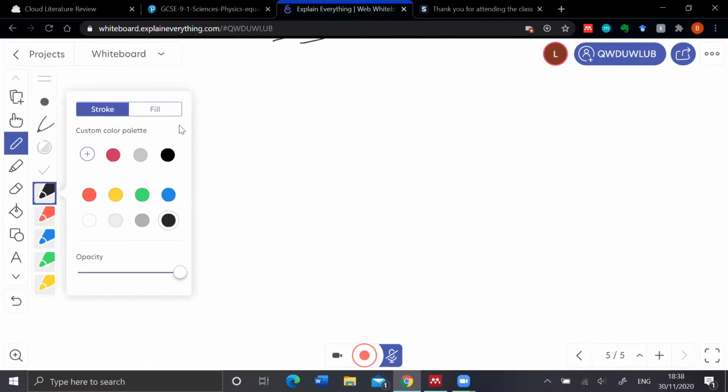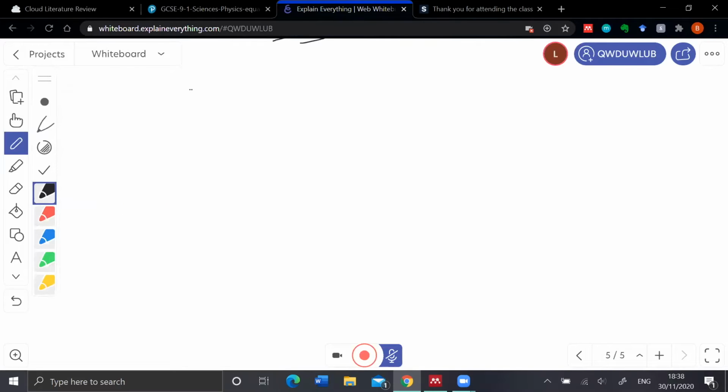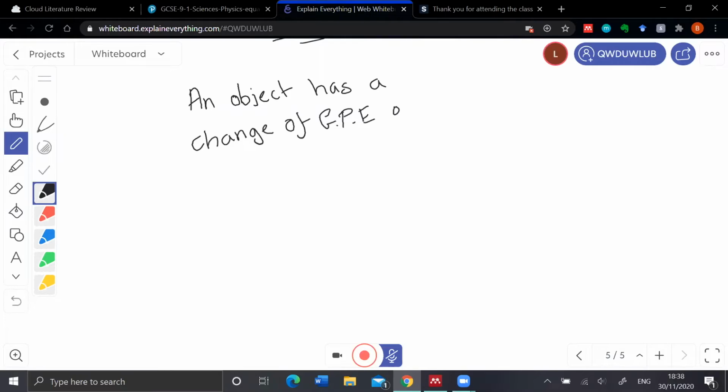So an object has a change of GPE of, let's have a think, 200 joules.